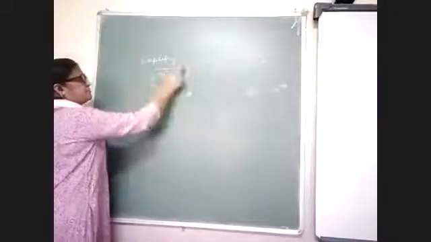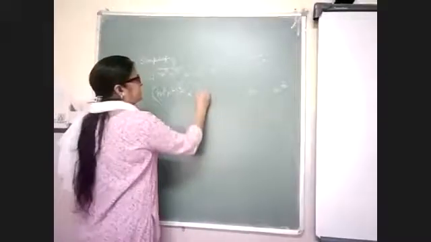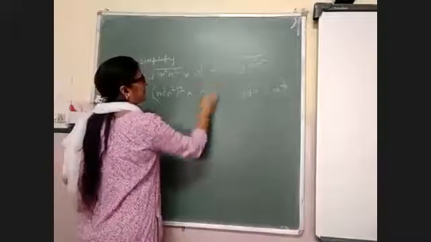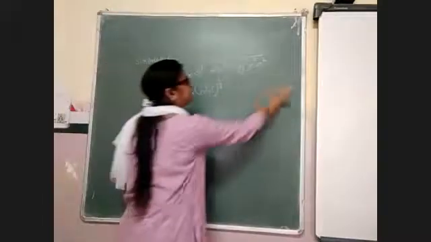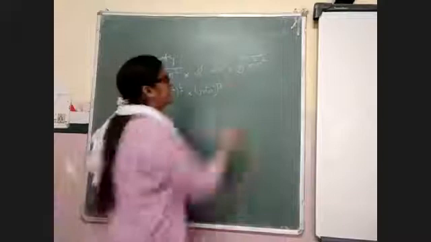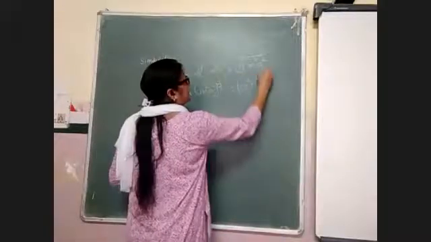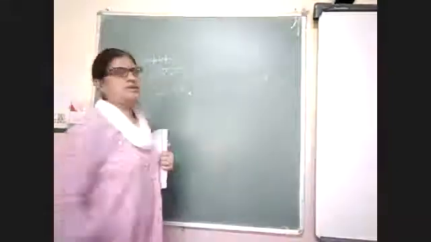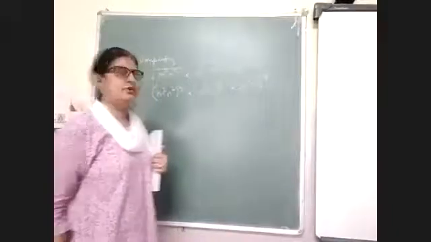When you are removing the root, then the power becomes half. Now this is equivalent to 1 by 6. And the next one is multiply m square n square, power becomes 1 upon 7. When you remove the root, it becomes 1 upon 7.